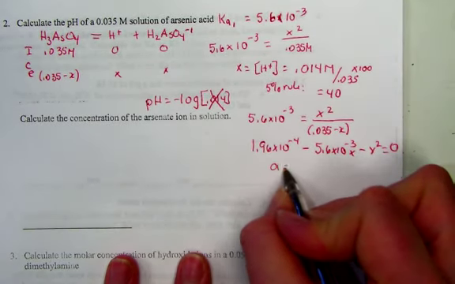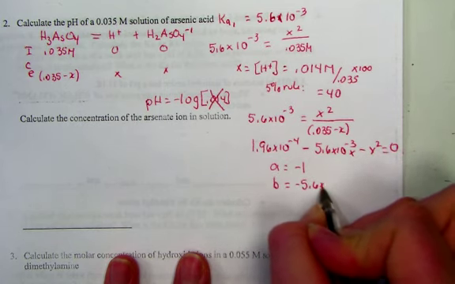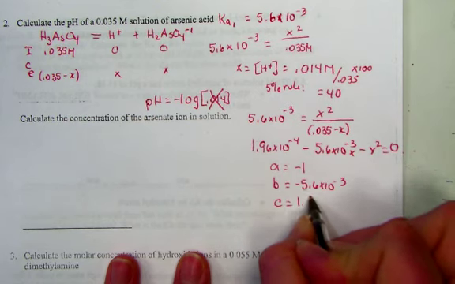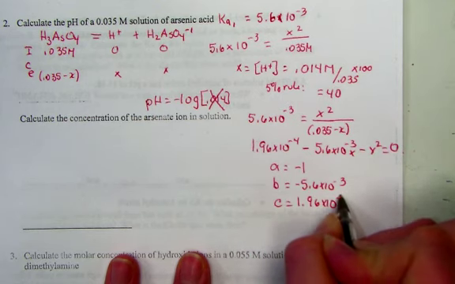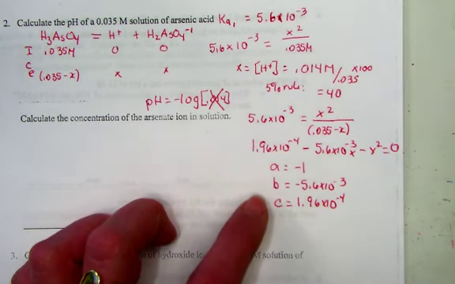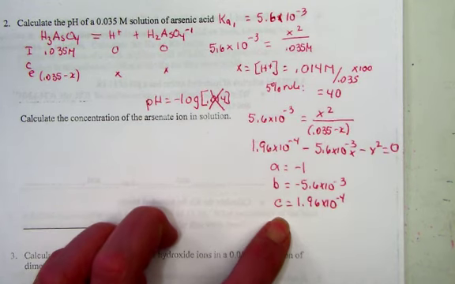So with the value of A equal to -1, the B is -5.6 times 10 to the -3, and C has a value of positive 1.96 times 10 to the -4. Let's use our quadratic formula. Plugging in A is a value of -1, -5.6 E -3 for the letter B, and C is positive 1.96 E -4.